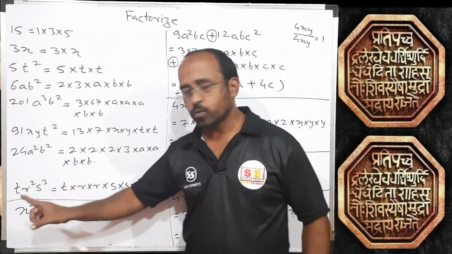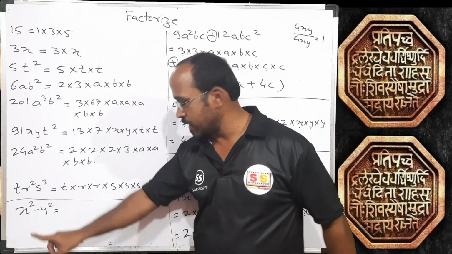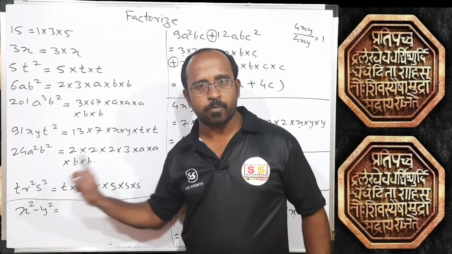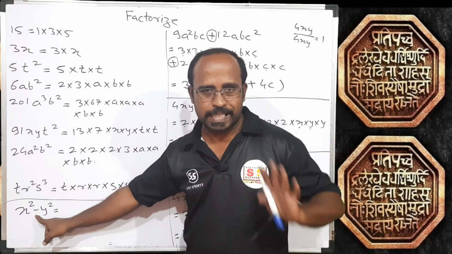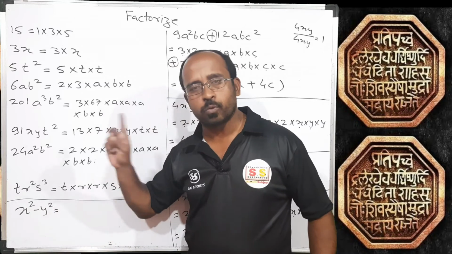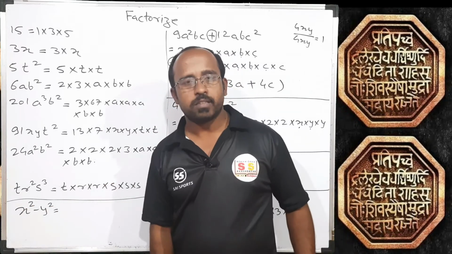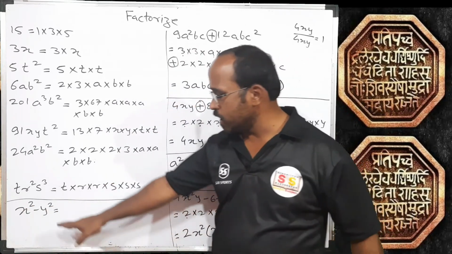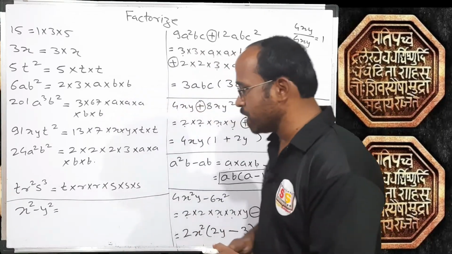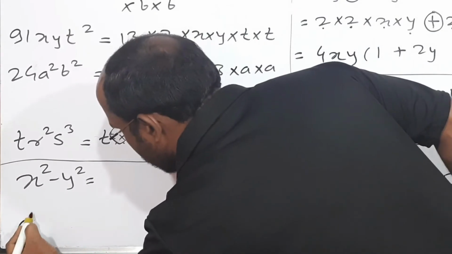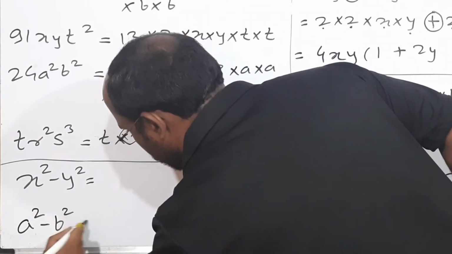So if both are square of something, that is the first condition. Second thing, second term is subtracted from first term. So here it should be minus only, not plus. Clear? So if both are square of something and second term is subtracted from first term, then it is possible to factorize such terms. How? Based on the formula of a square minus b square.